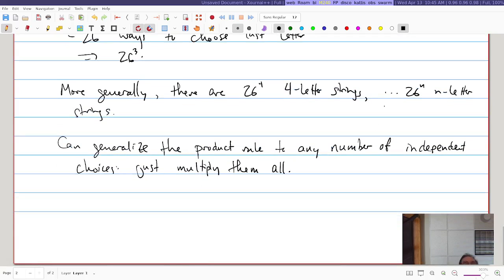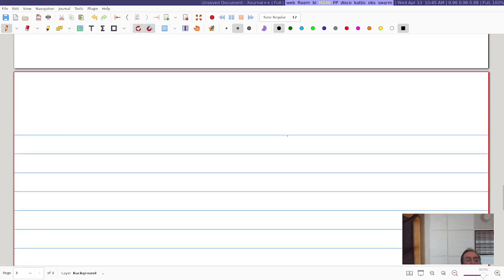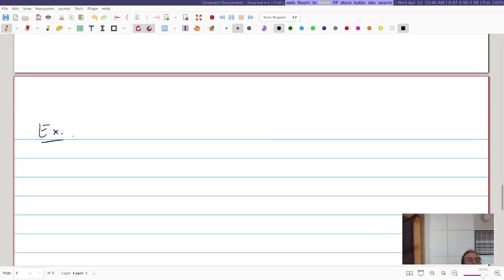Okay, let's see. Another example. License plates in Arkansas. And again, ignoring lots of real-world things like there's probably certain combinations that they don't allow, and there's custom license plates, whatever.